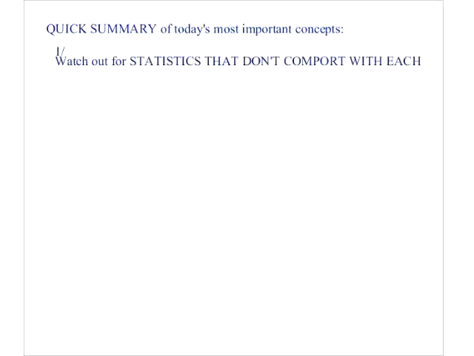Super quick summary of today's most important concepts. Number one, make sure you watch out for statistics that don't comport with each other. For instance, a big example is percentages or proportions or ratios versus absolute numbers.